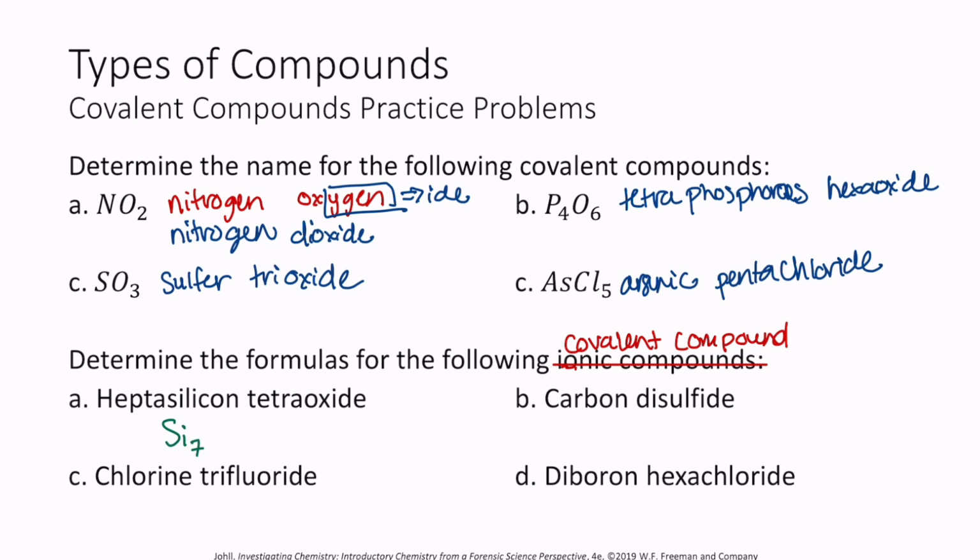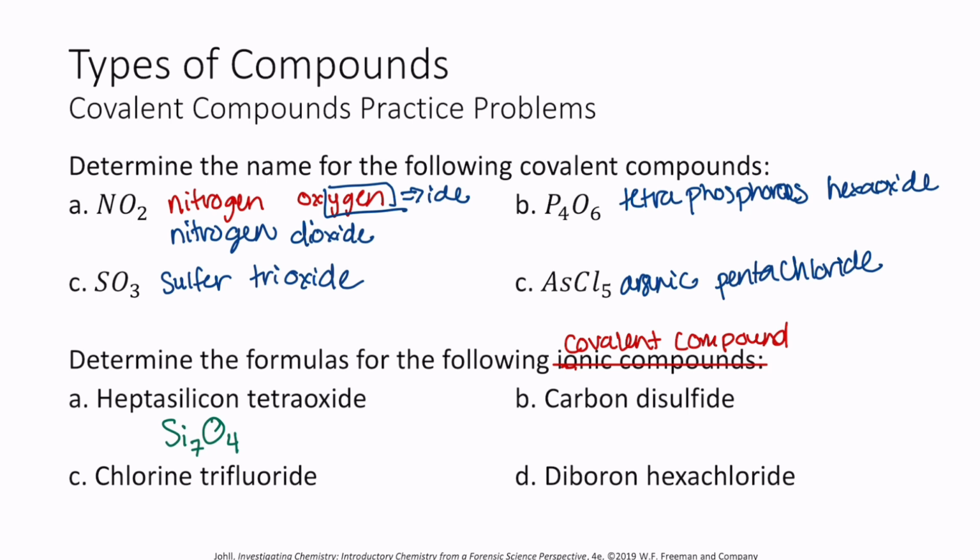Now, in my next element, it is oxide, so I know I'm dealing with oxygen, and my prefix is tetra. So I'm dealing with 4 oxygen, so I can write O4. So heptasilicon tetraoxide is going to be Si7O4.